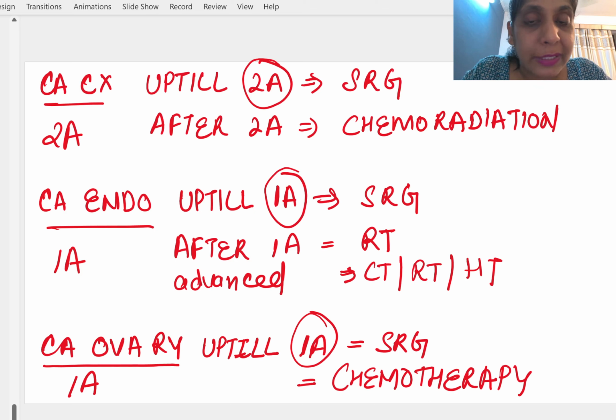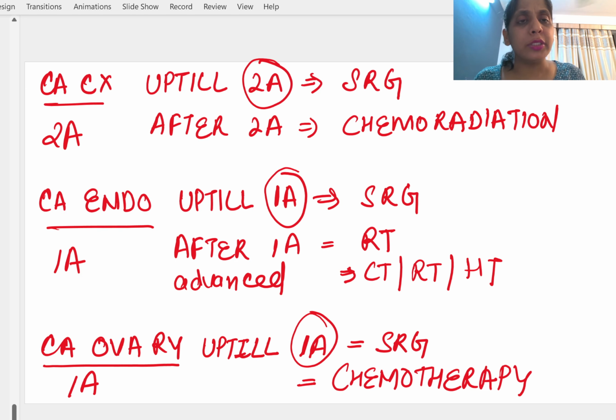What is the treatment of CA endometrium? Here we have to learn the word 1A. Up to 1A we do surgery, and after 1A we do radiotherapy, and in the advanced 3rd and 4th stages we give chemotherapy, radiotherapy, and hormone therapy.